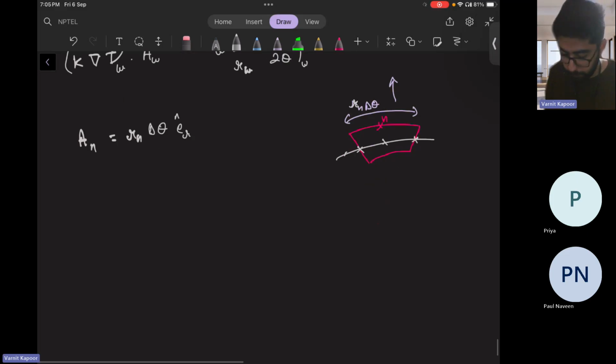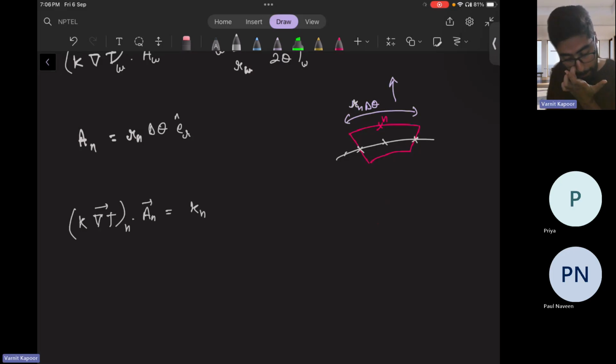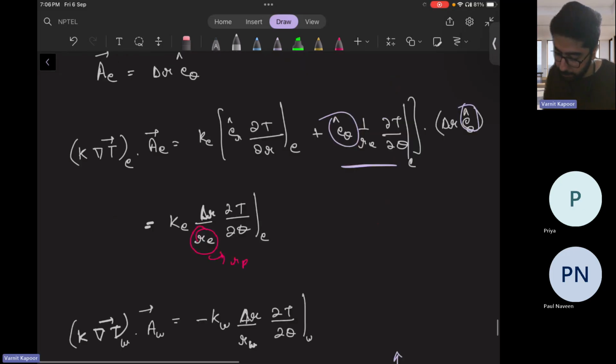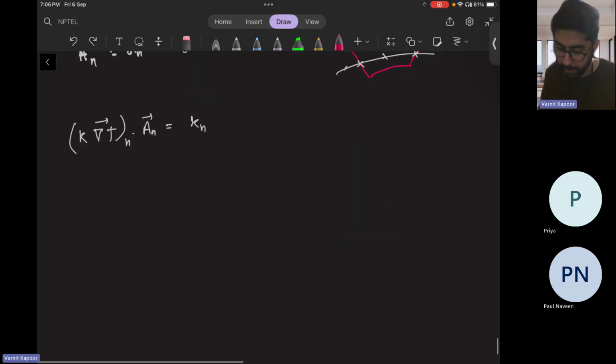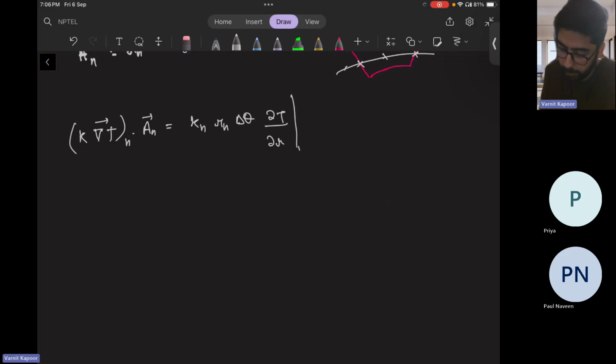Okay. So again, K grad T of north dot product with A north will be nothing but Kn. And it is in R direction, so contribution will come from which term? This time, this term, the first term. So I'll write it correctly like this: Kn Rn del theta dou T by dou R of north.